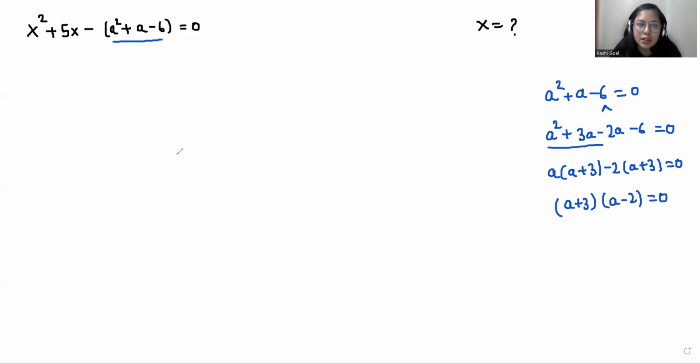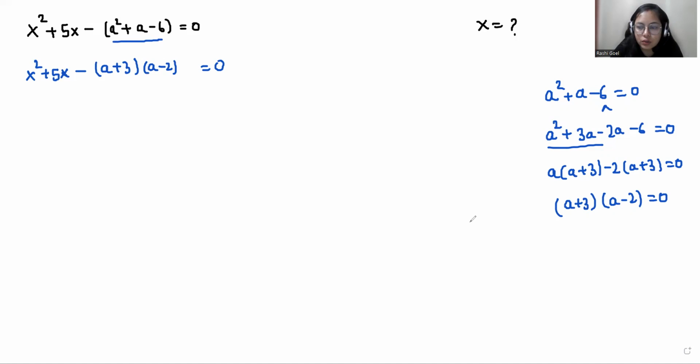So I can replace this. So x square plus 5x minus a plus 3, a minus 2 is equals to 0. Now we have to break 5x in terms of a plus 3 and a minus 2.